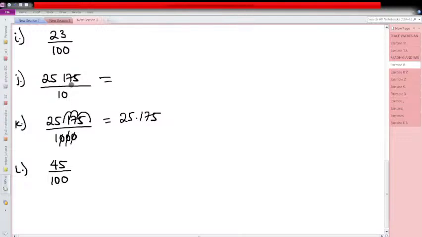Okay, sorry. For J, what you solved: when you're moving it once because you're dividing by 10, this gives you 2,517.5. So this is what you get, Ralph, as against what you're writing there. So I have solved those two for you.